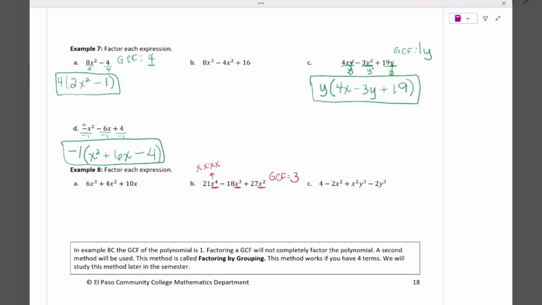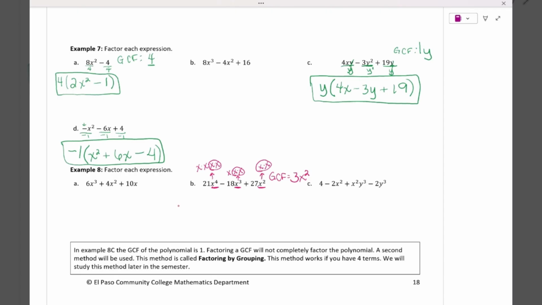X to the third is 3 x's being multiplied. And x squared is 2 x's being multiplied. So maybe that kind of helps you see better. I see that all of them have at least 2 x's that I can divide them by or pull out, right? So x times x is x squared. So the GCF here is 3x squared.